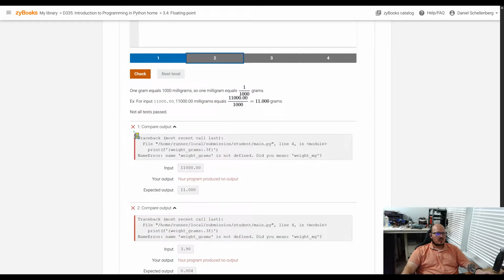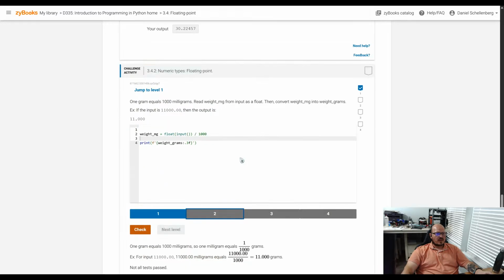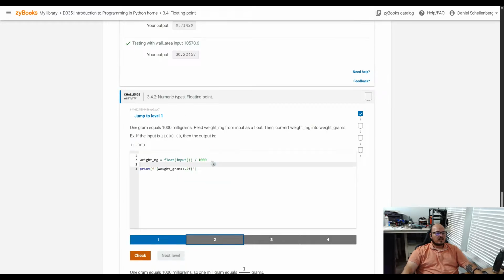Oh, here's an error. Name error. Name weight grams is not defined. What? WEIGHT underscore. Okay, so what I did was I did not assign weight grams anything yet.